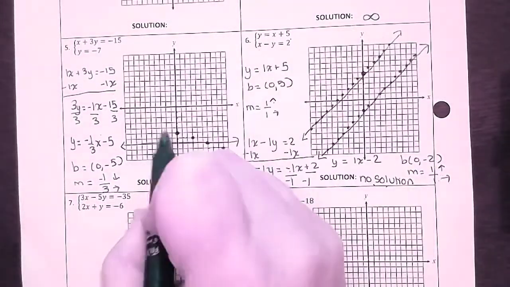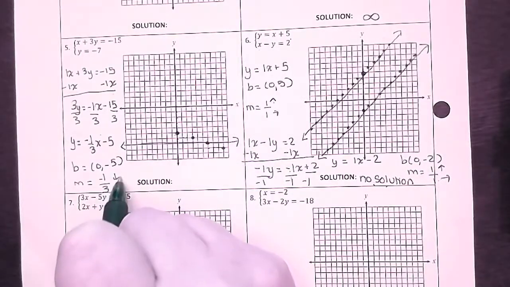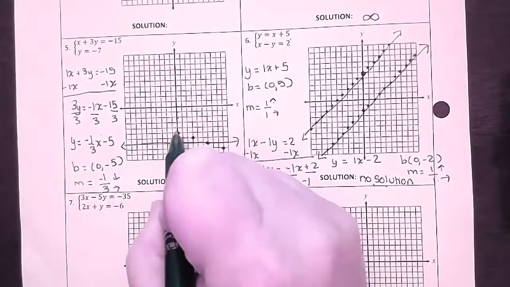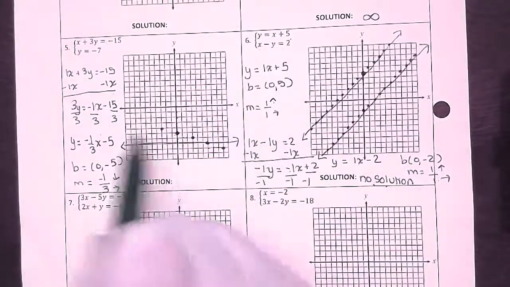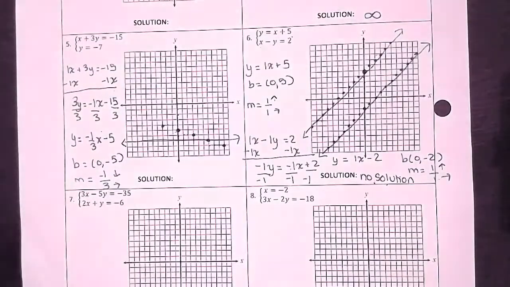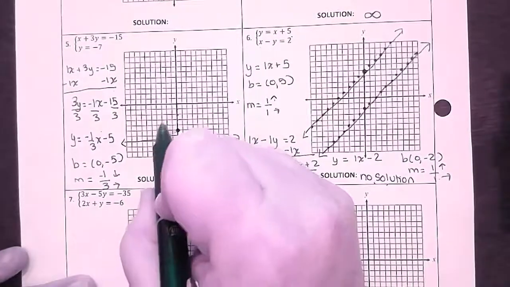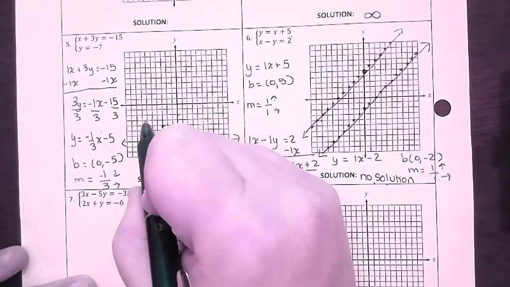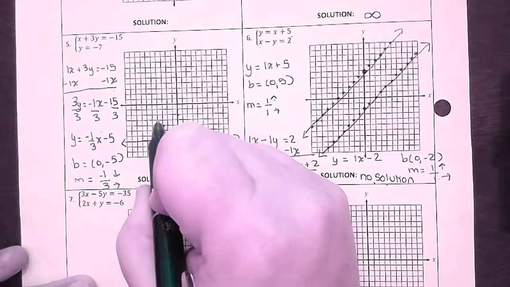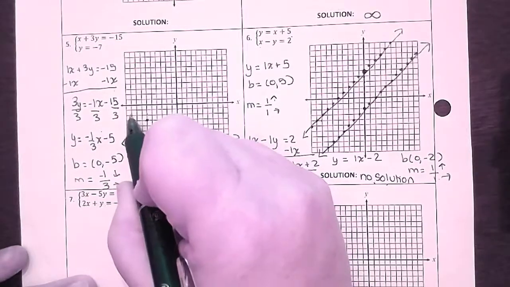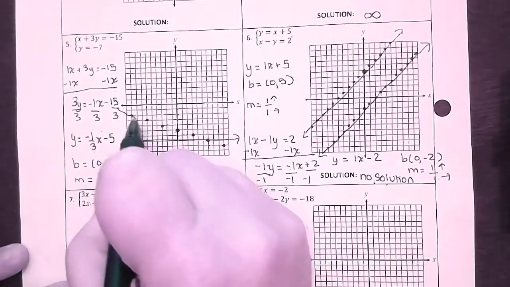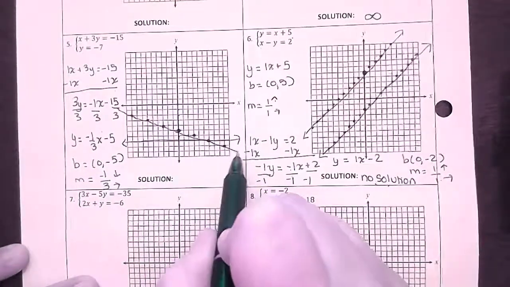So again, I can go up 1 and to the left 3. Up 1, 1, 2, 3. This is why I go both ways to make sure I'm writing this line out correctly. Okay, so there we go. And here's my intersection point.